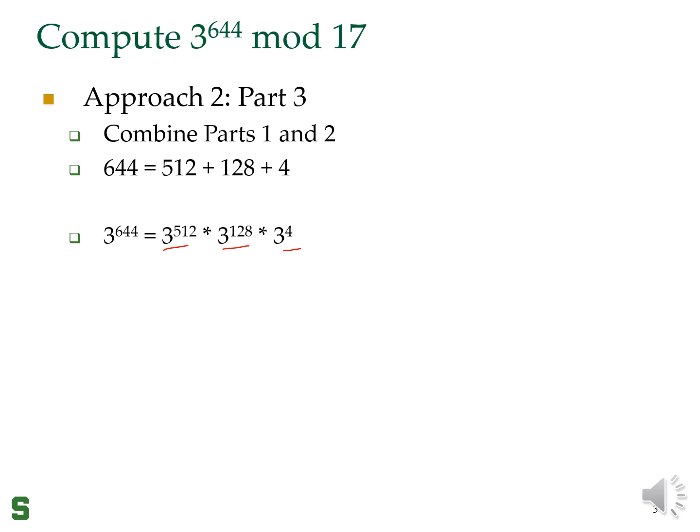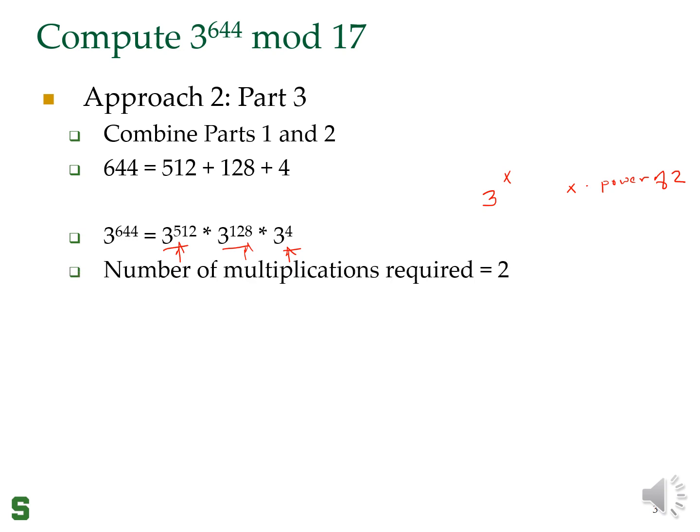Note that what we did earlier was we computed 3 to the power x, where x was a power of 2. So that means what we did on the previous slide, we have found the answers to all these. So we're going to take those, and I will need the number of multiplications in this case to be 2.